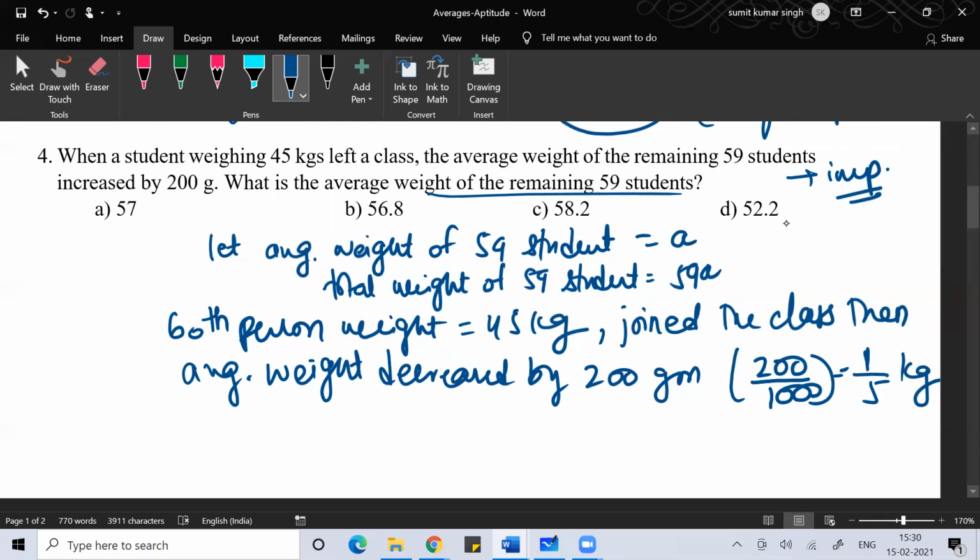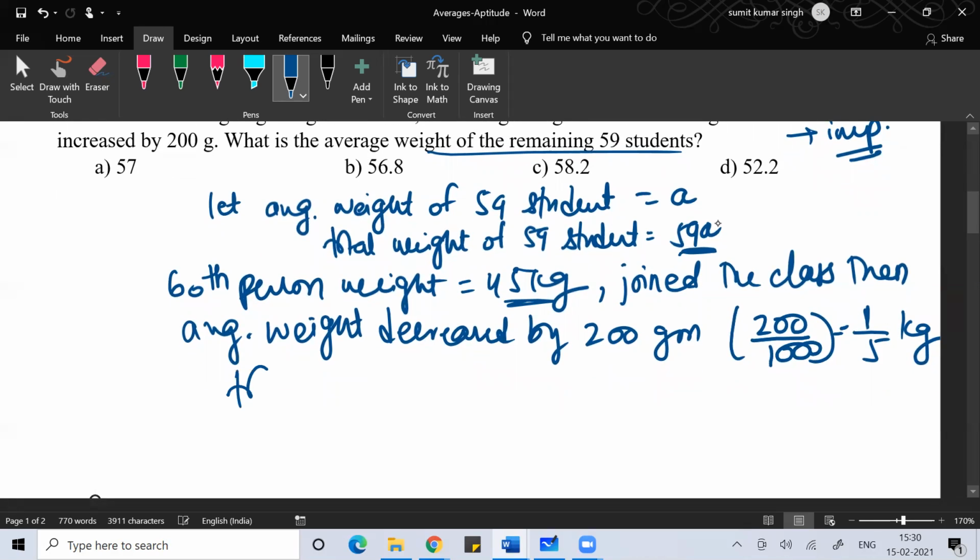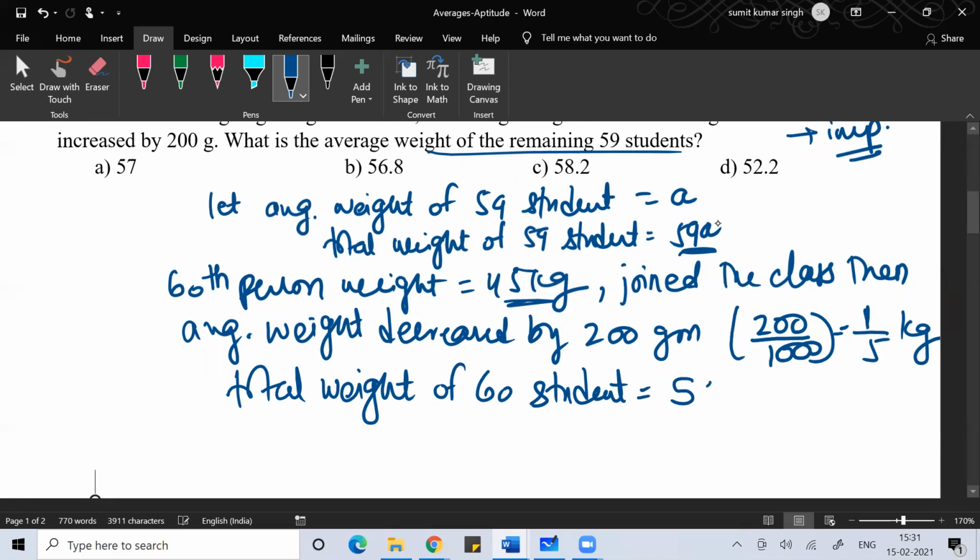So the total weight of 60 students is 59A plus 45.